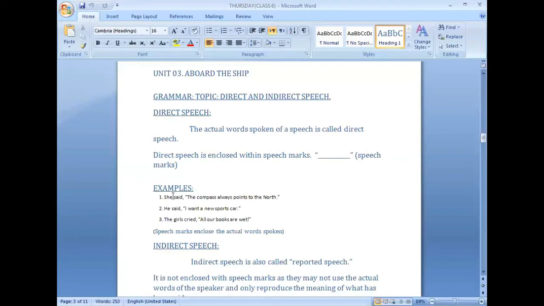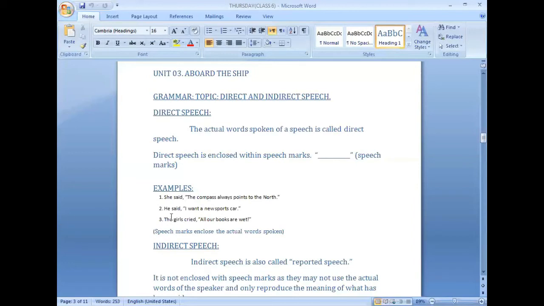Now we come to the examples. She said, "The compass always points to the north." Now she is saying the compass always points to the north. So this is a universal truth. You can't change the universal truth. So she said, inverted commas open, and when the speaker's spoken words are finished, you write inverted commas closed.